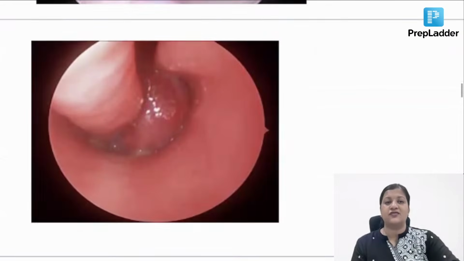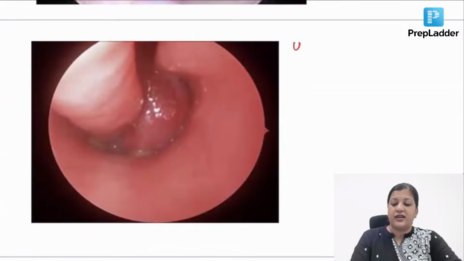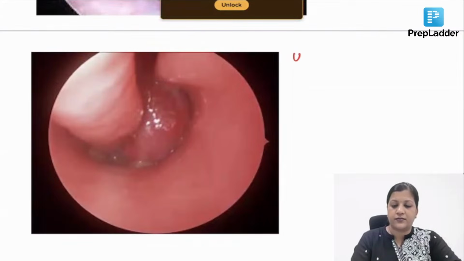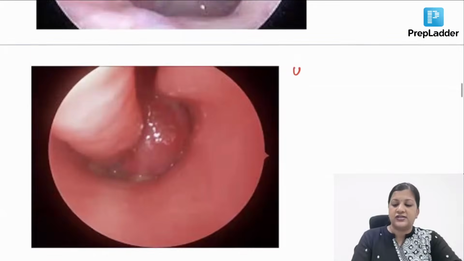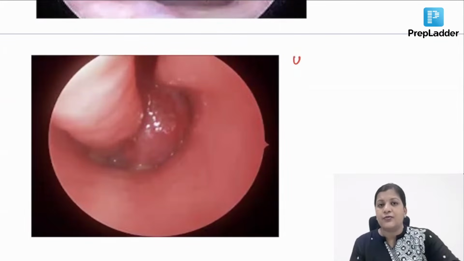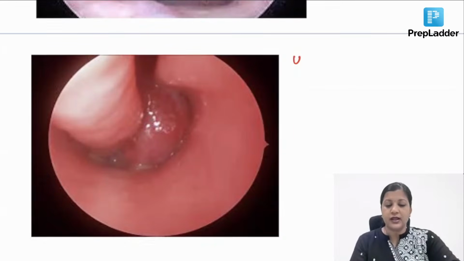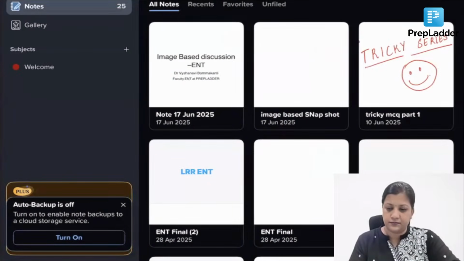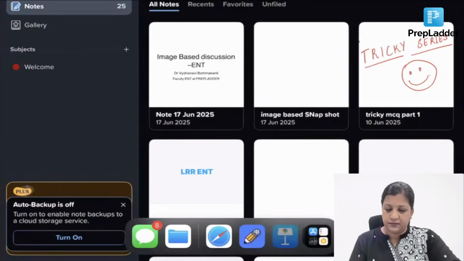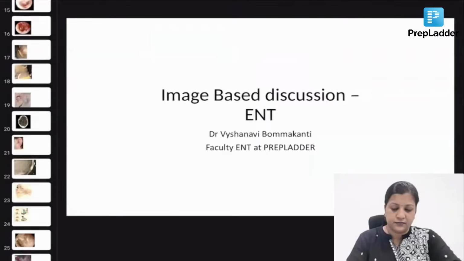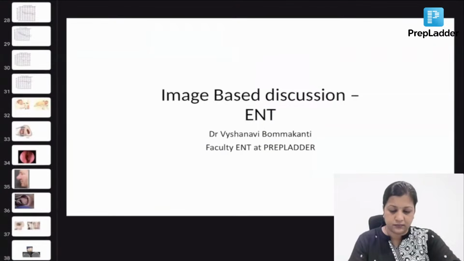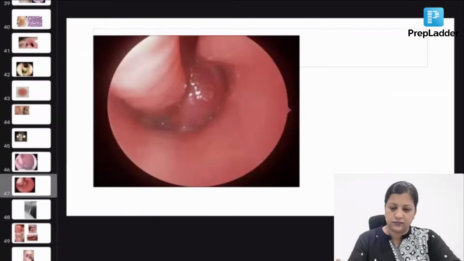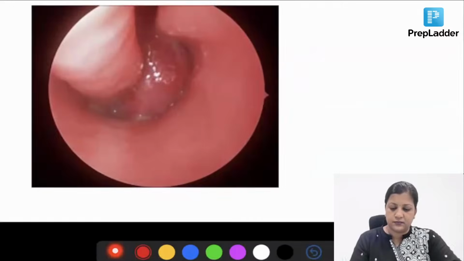Look at this image. If they give you this image where a child has unilateral nasal blockade, and the child is having difficulty in breathing with epistaxis, what should your answer be? Just give me a moment. Yes.